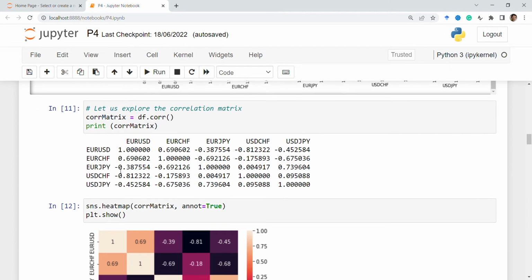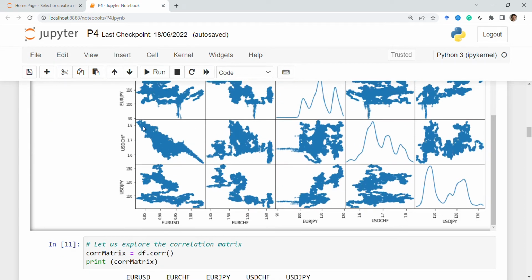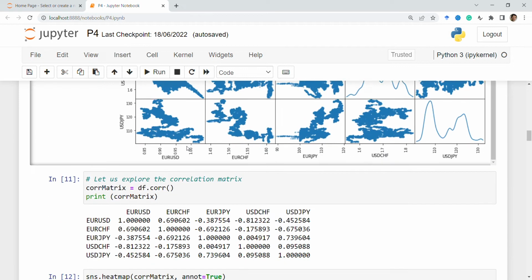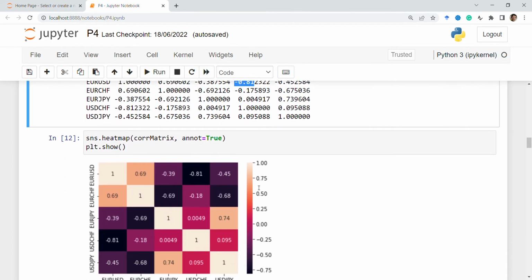Okay, so we can look at the correlation matrix. We already saw a strong negative relationship here, and this is reflected in this large negative correlation value. We can plot it.